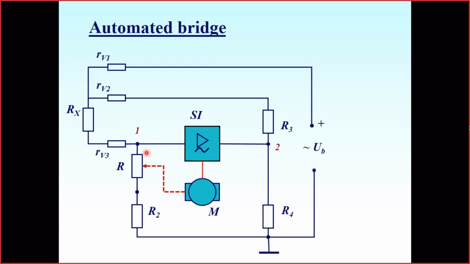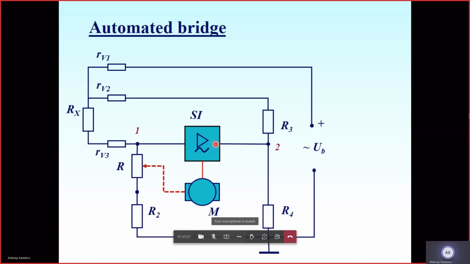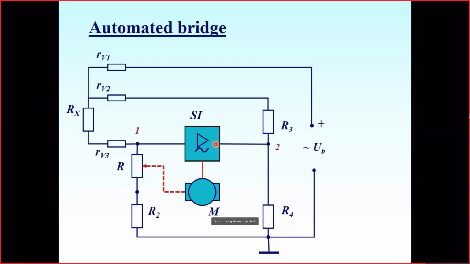So if there is a difference, we have a signal on the output, and we may use different kinds of motor control. In the simplest way, if the output voltage is more than some certain small level, we switch the motor on.